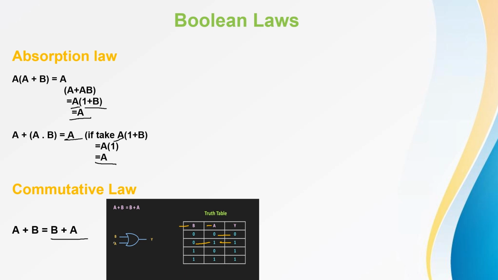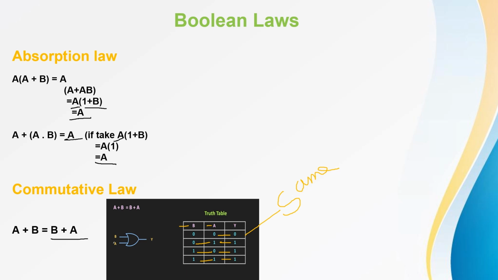When the input B is 1 and A is 0, the output is 1. If both inputs are 1, the output is 1. From this truth table, we can say that if we change our variables from A, B to B, A, the output remains the same, no changes.